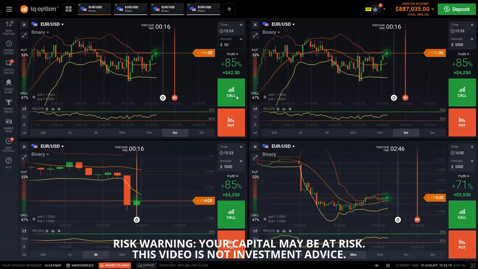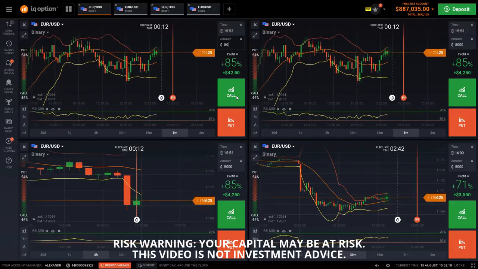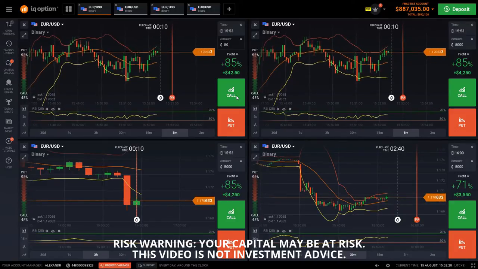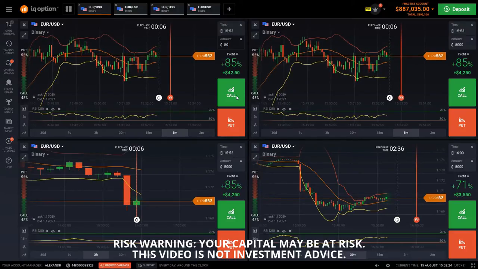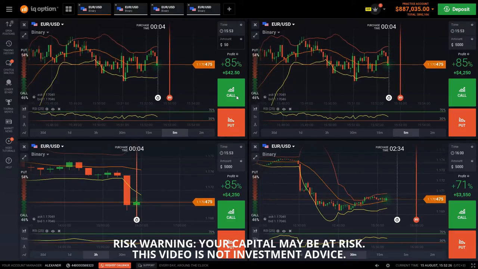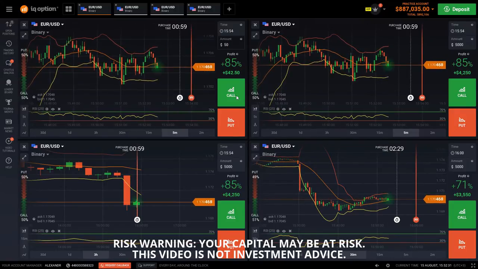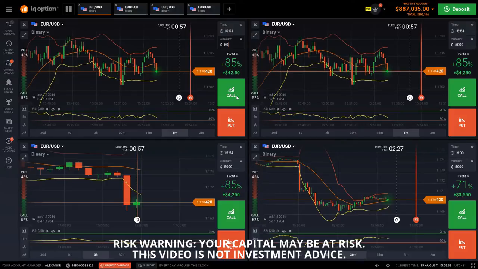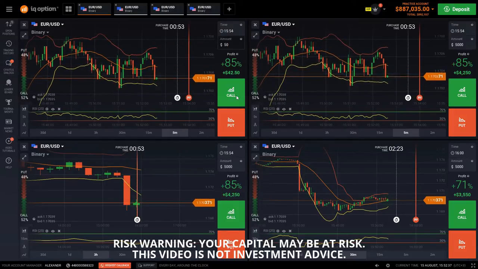Right now RSI is almost indicating even. But now it looks like it is forming a downwards trend.